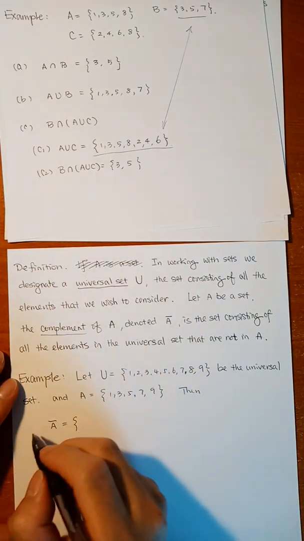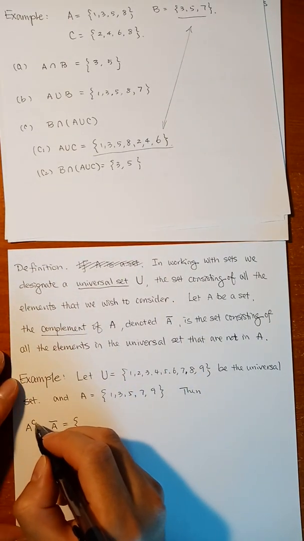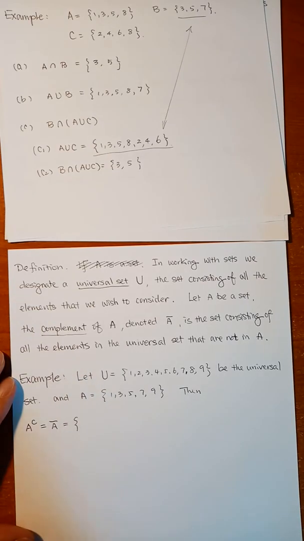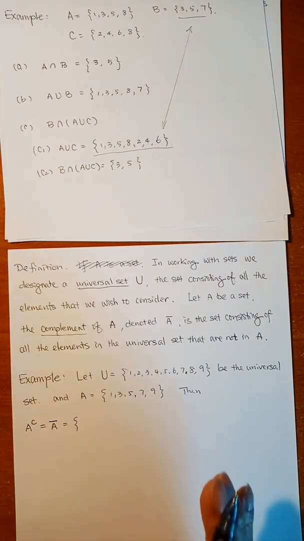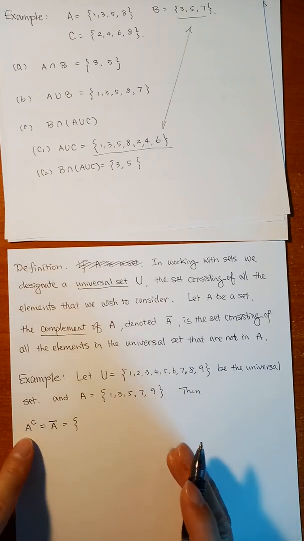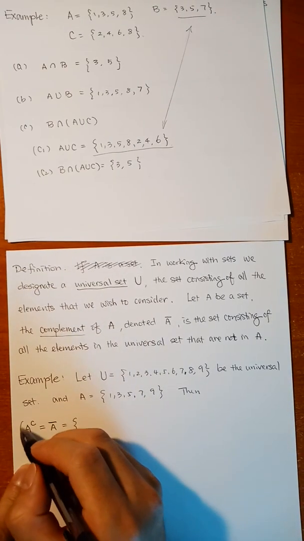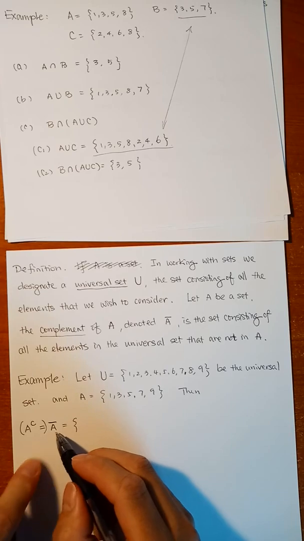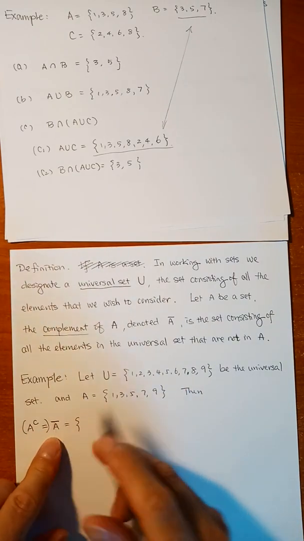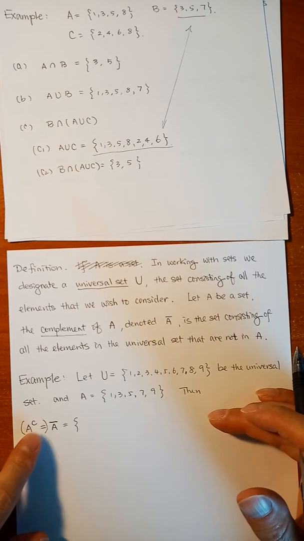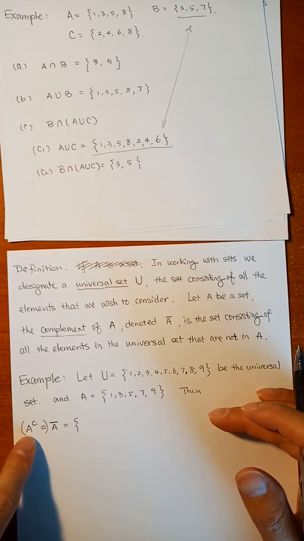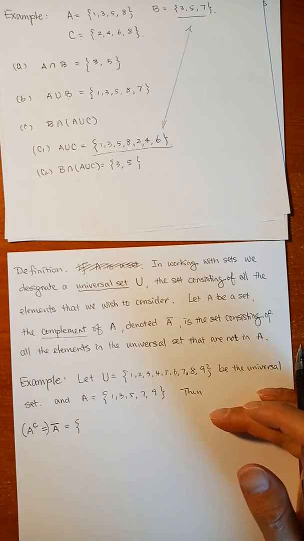Sometimes in other textbooks, they may write A complement. So for different textbooks, you need to first check the notation. In this textbook, we use A bar to represent the complement. In different textbooks, they may use A C to represent the complement.